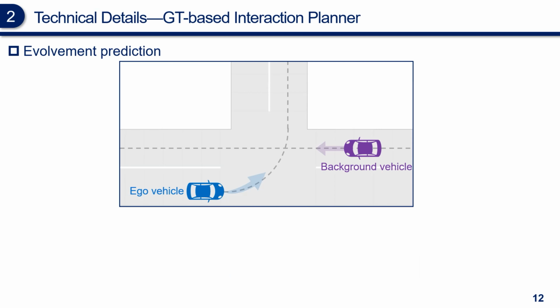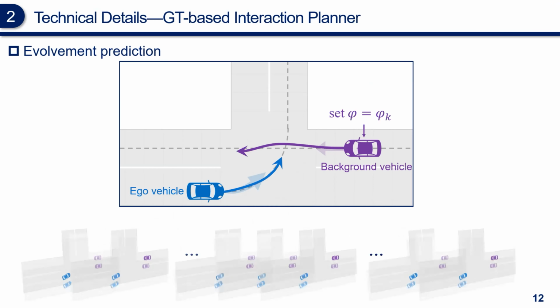So during the planning process, by setting a specific IPV to a virtual background vehicle, we could solve the game and predict the interaction. And we could conduct multiple processes in parallel to get different results under different settings of IPV.